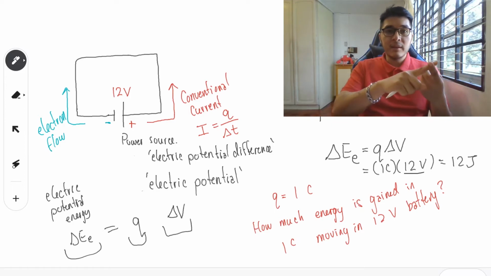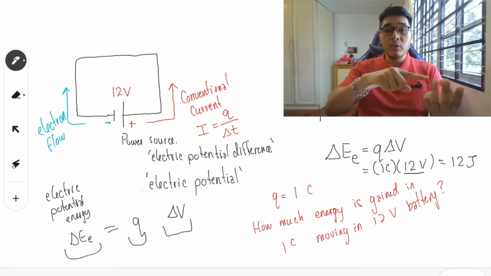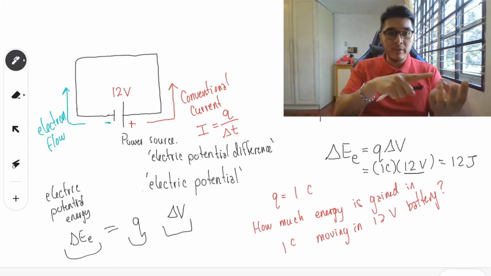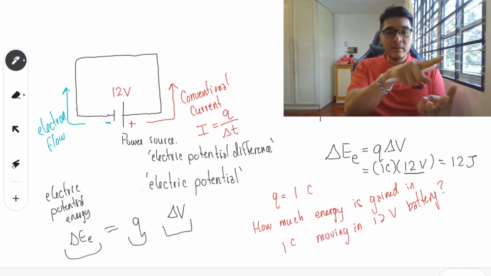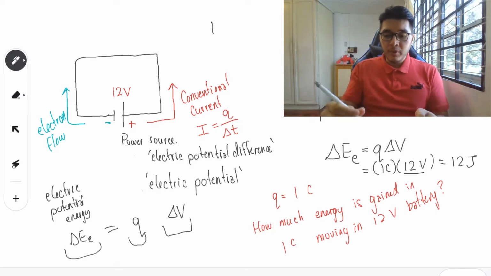So that's why the voltage is like a standard. You have 12 volt batteries, 9 volt batteries, 1.5 volt batteries, and then it depends on how you connect them that you could have different energy. So if you have a 1.5 volt battery and you have 1 coulomb of charge, how much energy does it gain when it goes through this battery?